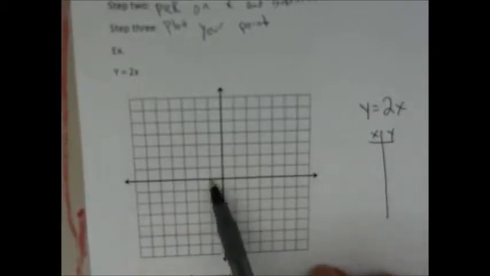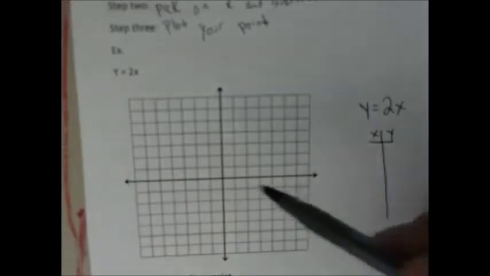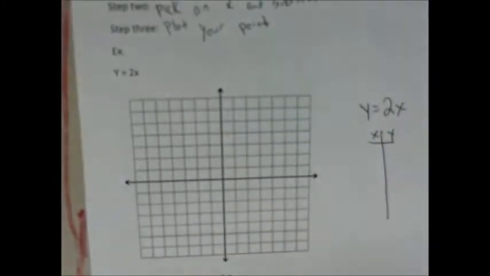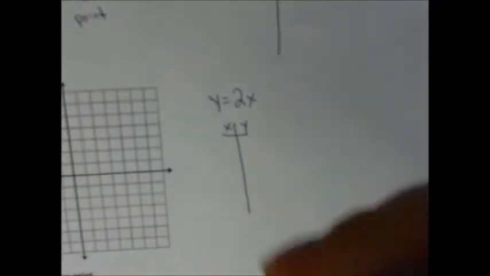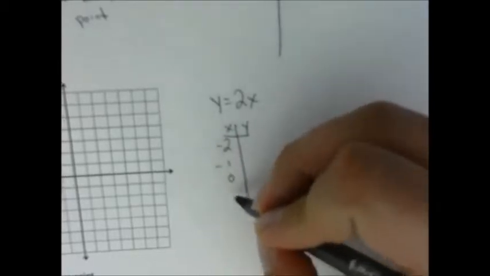I can see -1, -2, -3, -4, so on and so forth. So I'm going to try to really stay close to the lower numbers so that we don't end up getting too high or too low on the y-axis. So I'm going to start with, I don't know, we'll do -2, -1, 0, 1, and 2. Alright, usually that's the basic ones. Some graphs need you to do a little bit different, but for this one, it's fine.